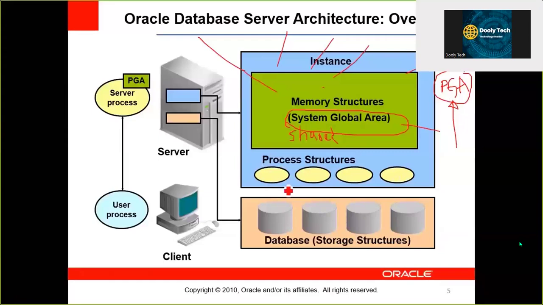If you don't give any work, they are idle. Idle process means a process which doesn't have any work as of now. But the moment you give work, they start working. So you need many background processes always running. And some of them are mandatory. Without them, you cannot run the database. If the process crashes, the instance crashes. And if the instance crashes, the database is down.